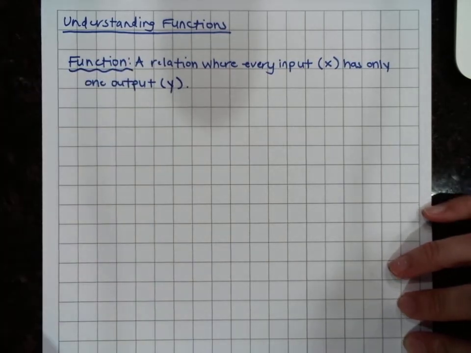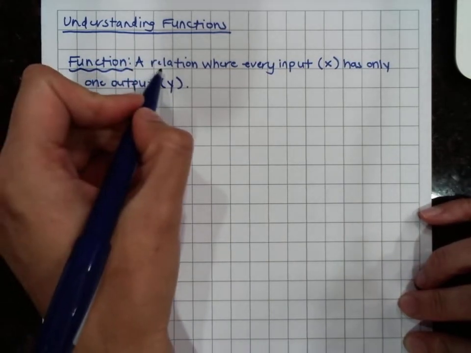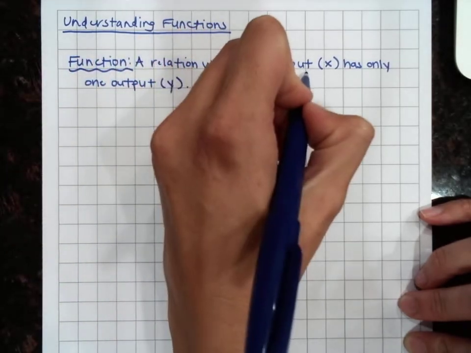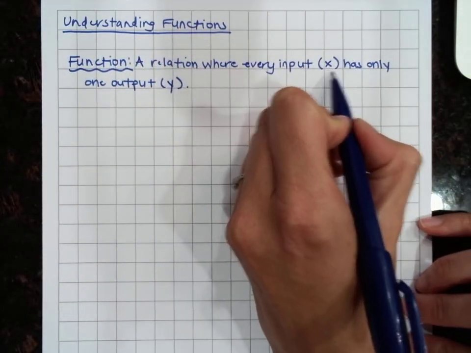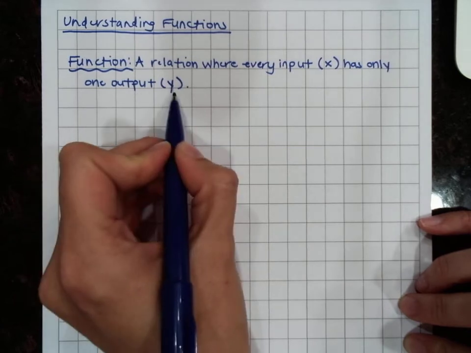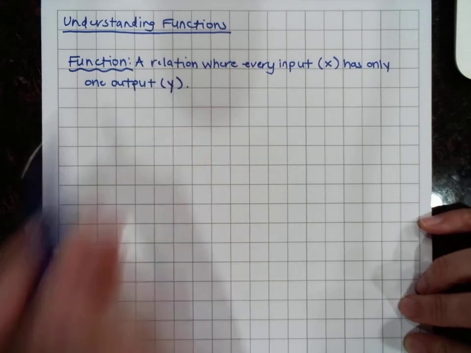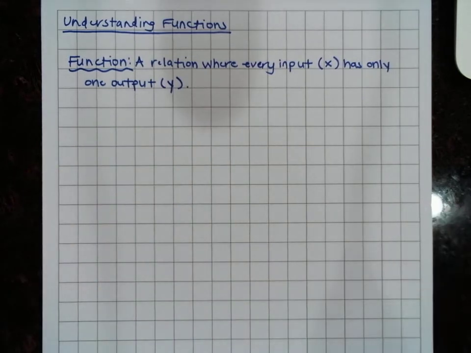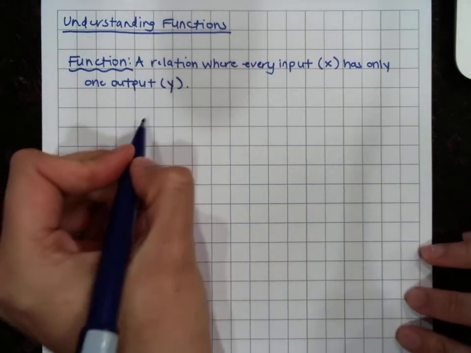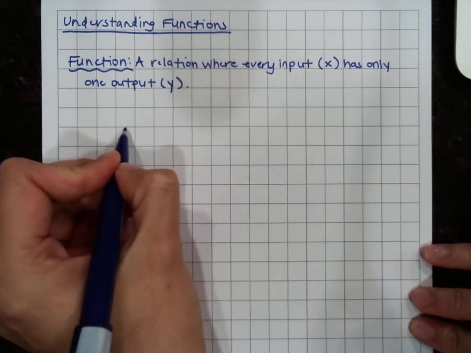Okay, so you're going to need to know this definition for this entire unit. A function is a relation where every input, or x is the input, has only one output, or one y. Okay, so let's look at that in terms of a graph, what we are talking about.